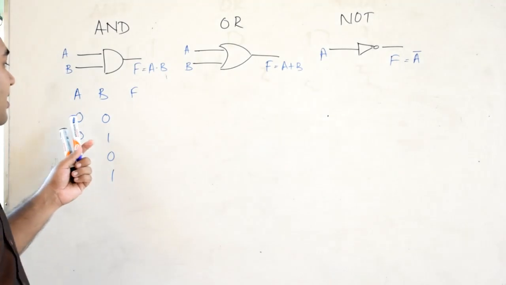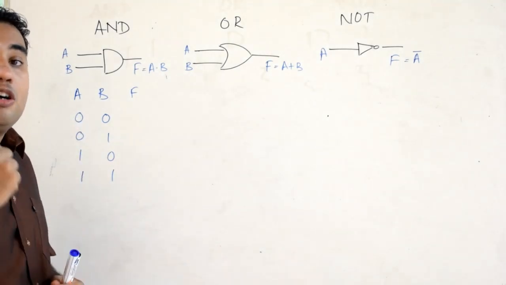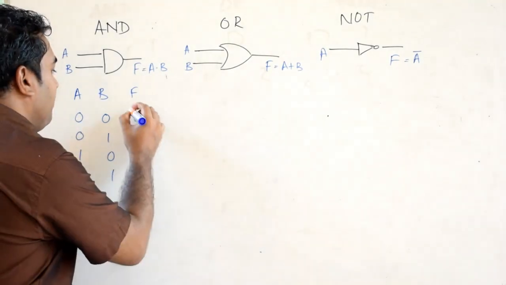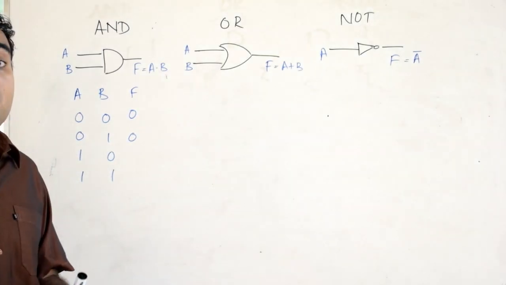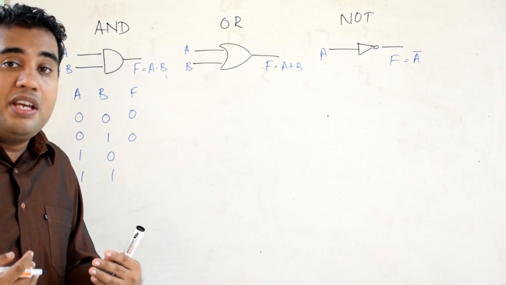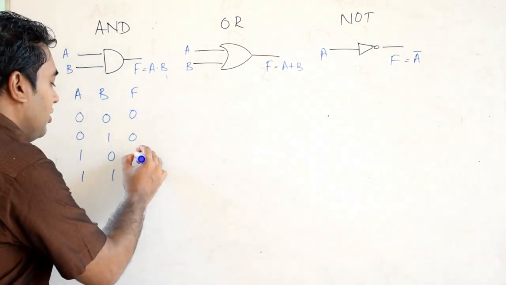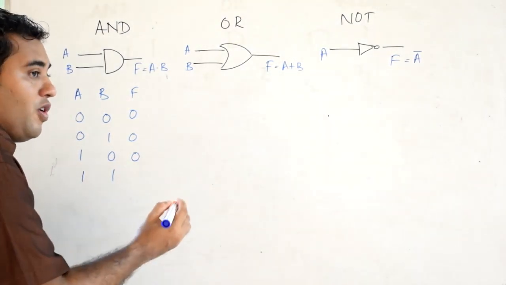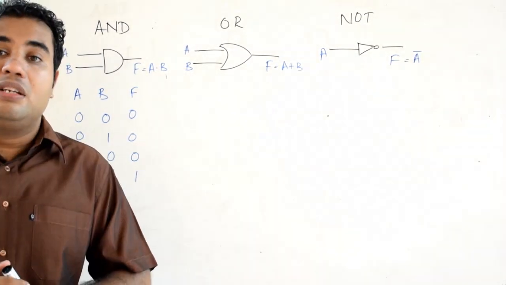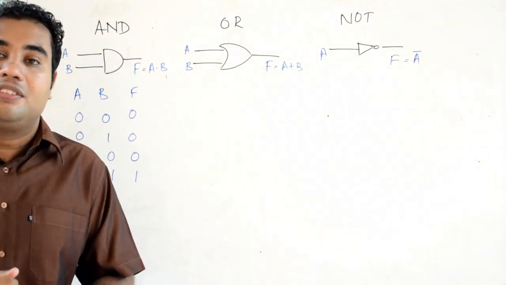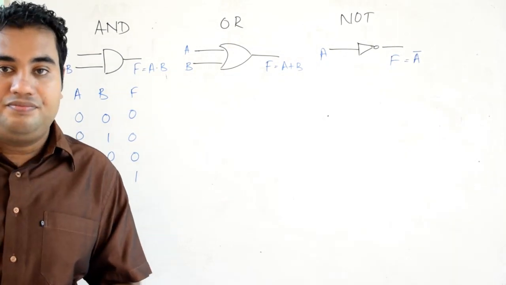So the first combination, 0 and 0, the output will be 0. 0, 1, still 0, because we need both inputs to be 1. 1, 0, 0. 1, 1, the output will be 1, because both inputs have been provided a value. So the output will be 1.